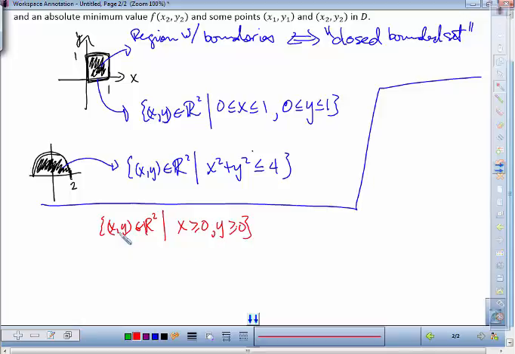It's all ordered pairs in R2 such that x is bigger than 0 and y is bigger than 0. It's all of the first quadrant. We're including the axes, but it's everything else here in the first quadrant. And so this is not bounded, so it's not closed and bounded.